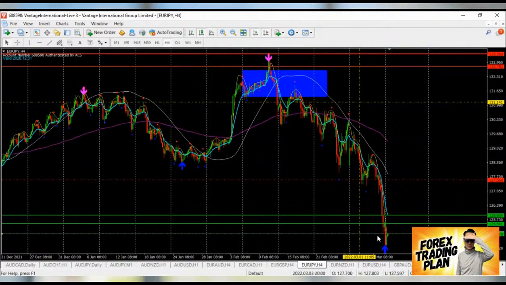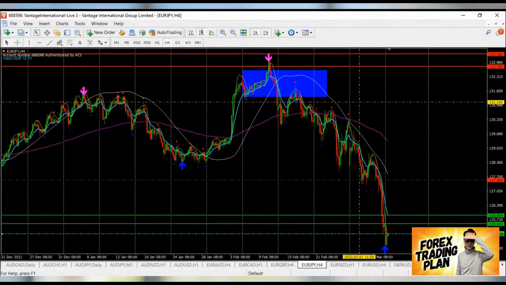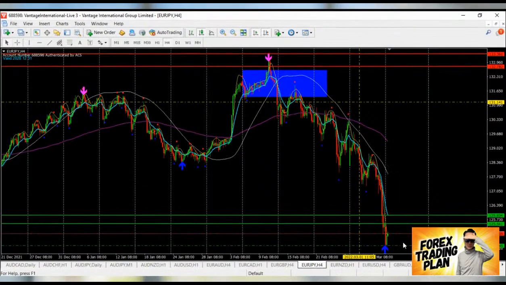That means the previous support has become a resistance here, which is good. So I'm going to bring down the support and the resistance down here. This is the area where we can start trading for about 60 pips to go.